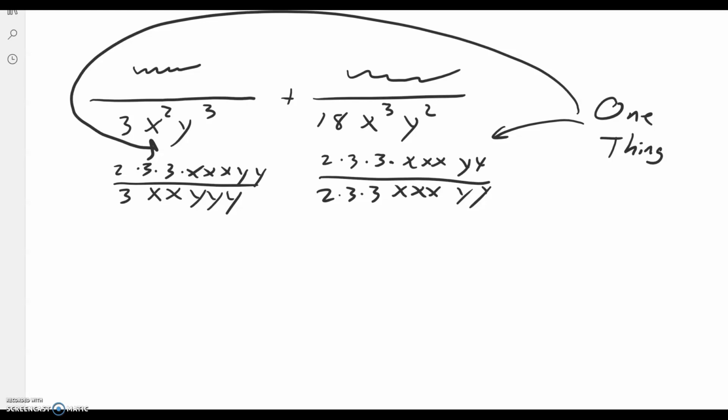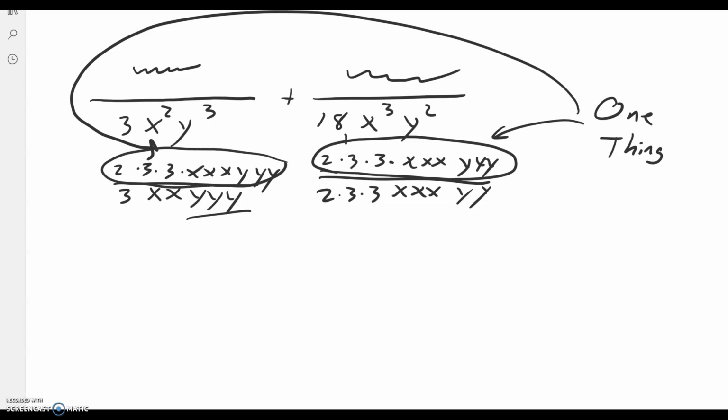This 3 cancels this 3. These x's more than cancel these x's. But there aren't enough y's to cancel these 3 of them down here. So we need an extra y on this one thing. This is the smallest collection of pieces right here, and of course another copy right here.